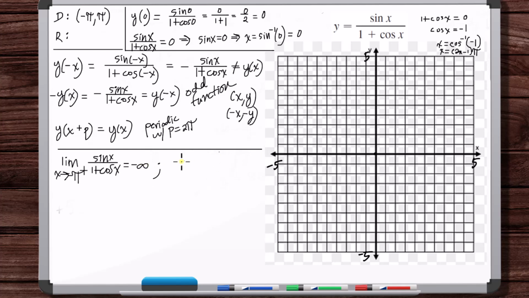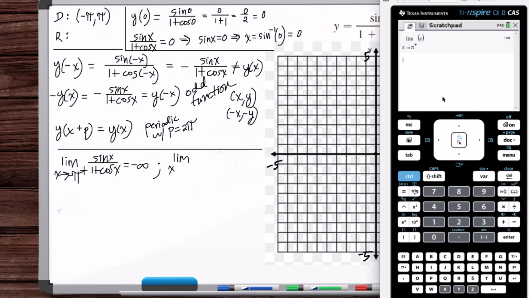Okay. Now, what is the limit as x, or wait, no. That's not right. This should be minus pi. Okay, so it is minus infinity.